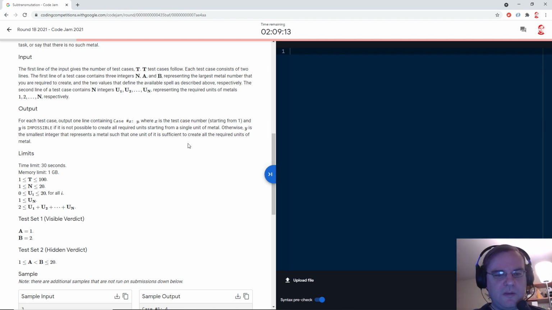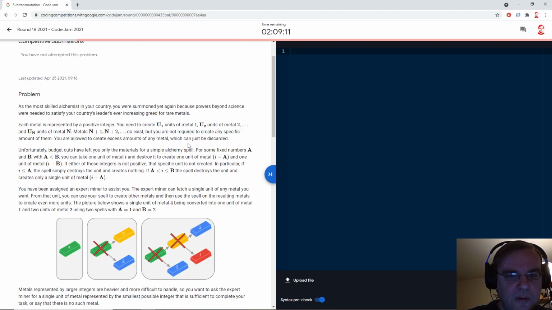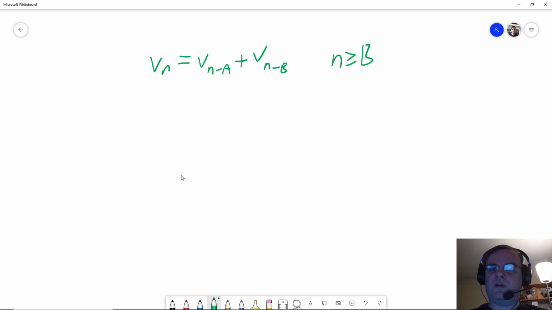Okay, so n greater than B. Okay. So we want to assign the invariant that tells us whether it's actually possible. Now, this might not be enough though, because you can't actually do fractional versions of this. This will tell us a necessary but not sufficient limitation on the size of the metal that we want.